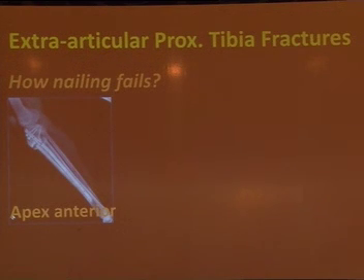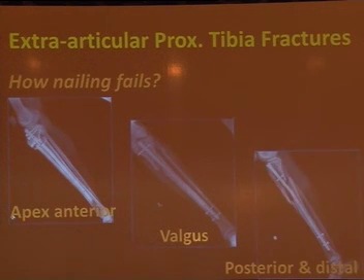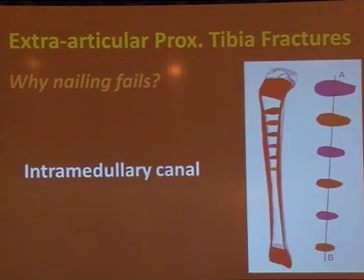Nailing fails because of anterior apex malalignment. So the proximal fragment goes into extension, and that causes anterior apex angulation. Valgus deformity is very common in proximal fracture nailing, and the nail can push the distal fragment posteriorly as well as distally. The fracture may get distracted.